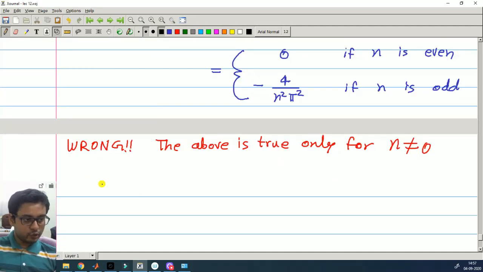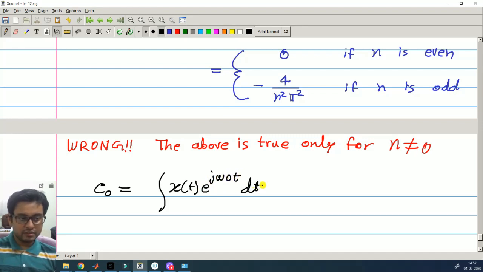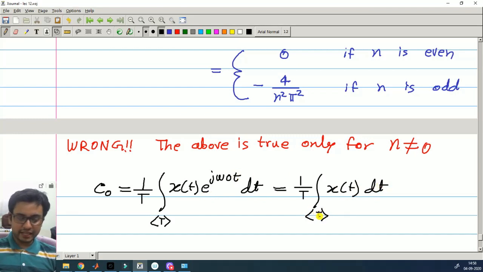But we can calculate C0 directly in this way: 1 over T integral of x(t) e to the power minus j omega 0 t dt integrated over a complete cycle, divided by the total time period, and this is equal to 1 over T integration x(t), e to the power 0 is 1, over a complete cycle.